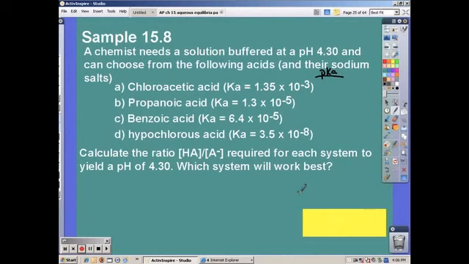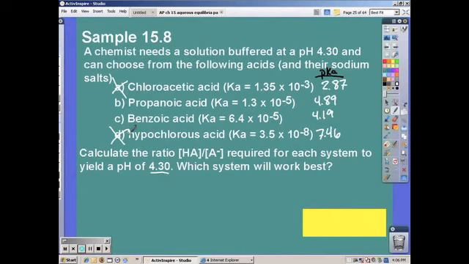So find your pKa's for each of those. Looking at that, we can eliminate A and D because their pKa's are quite far from our desired pH of 4.3. Now we need to find the ratio of acid to base that would work and give us a pH of 4.3.